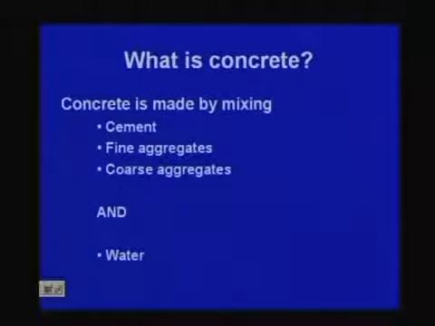You can find that steel is made in the workshop in a controlled environment, whereas concrete is made in the field itself. There are so many factors that play a role while making concrete.